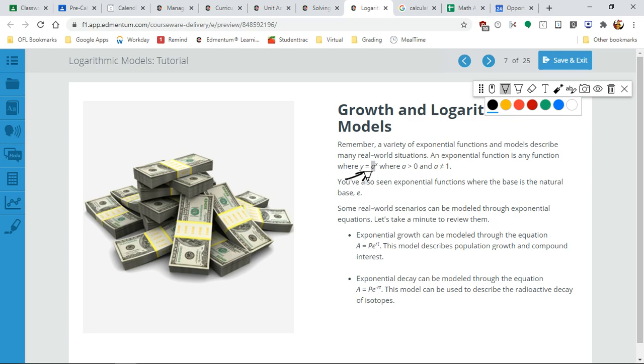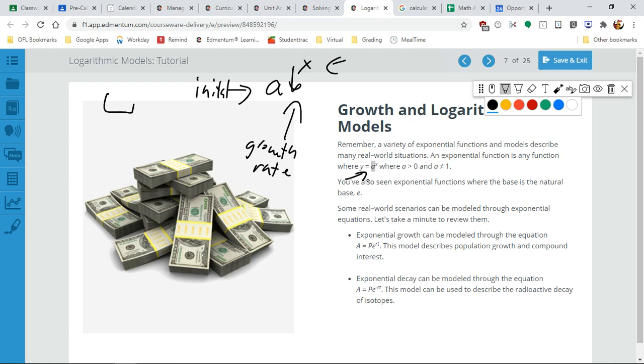Normally the models are A times B to the X power, where A is always your initial value, B is your growth rate, and X is always going to be some type of time. One of them was the amount of time divided by the half-life. But there are other ways to do it.